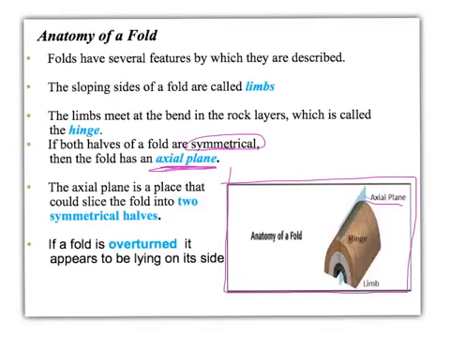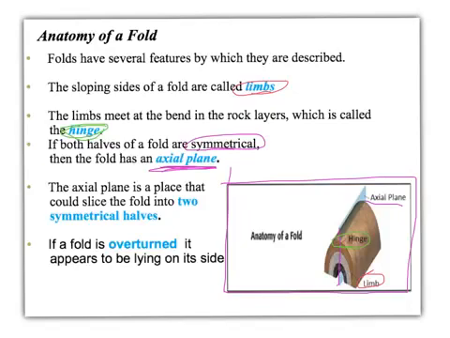Now that plane runs right through the center of the fold, which is kind of like the turning point, which is known as the hinge. And each of the two sides of the fold are known as the limbs, kind of like your legs are the limbs. The hinge would be your pelvic area, and the axial plane would go right through it.